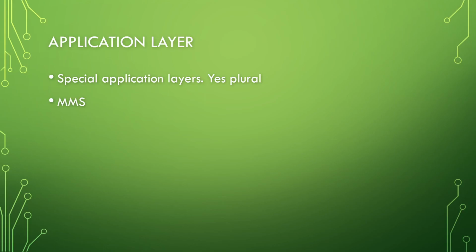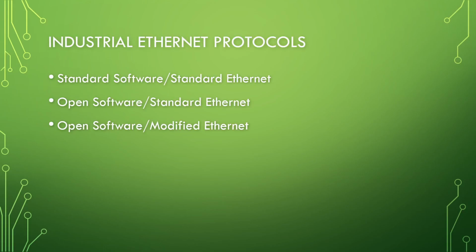So, all right, the industrial Ethernet protocols. We have standard software, standard Ethernet; open software, standard Ethernet; and open software, modified Ethernet. They all look the same, right? So, standard software, standard Ethernet. This uses Ethernet with TCP/IP, just like we would use on my computer right here.